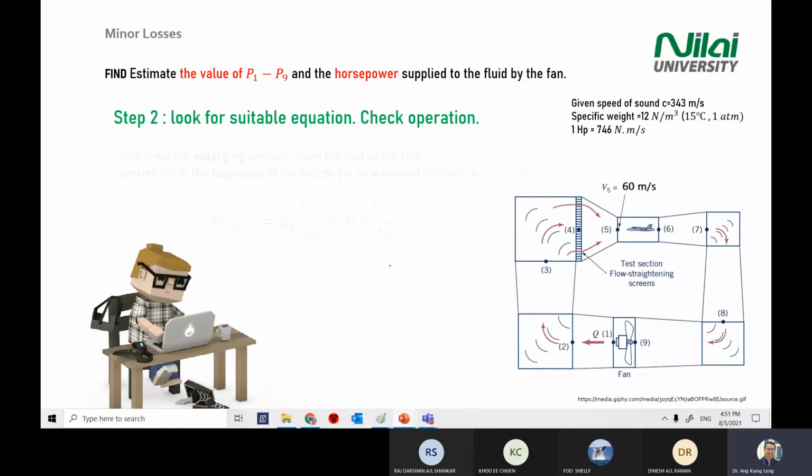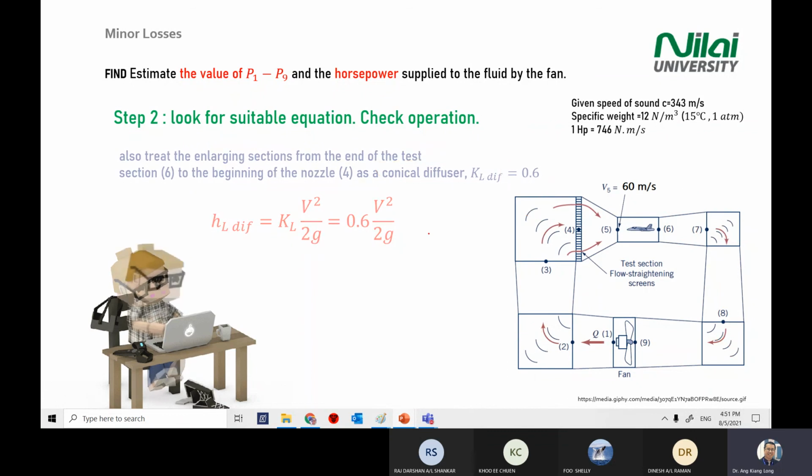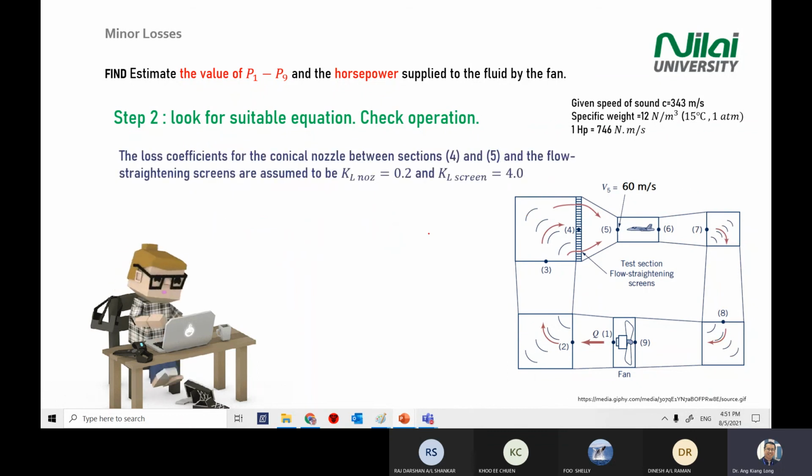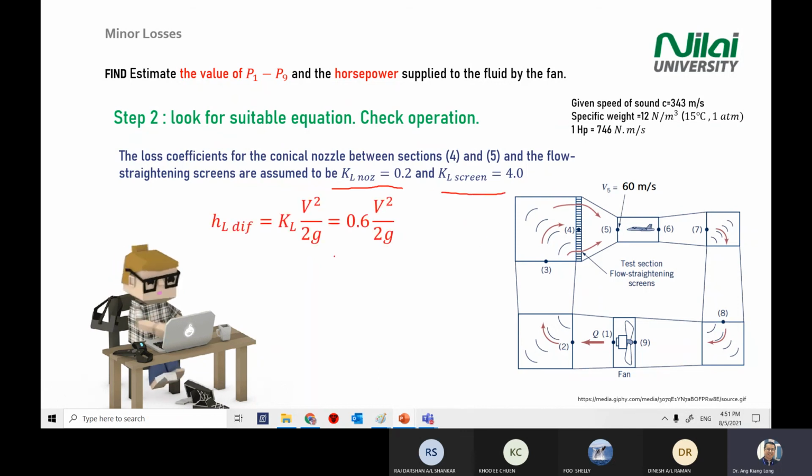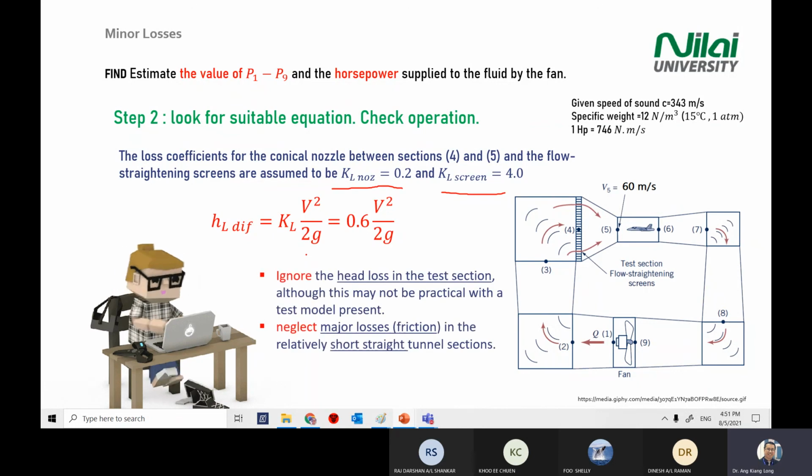So for the diffuser, we have the 0.6 already. Then you have other values given in the question, for example, the nozzle and screen, which also have KL. So to calculate your total head loss, you need to add all the components together.